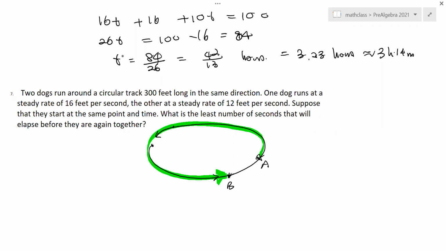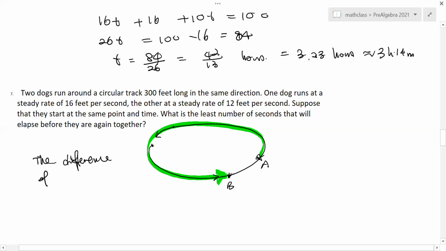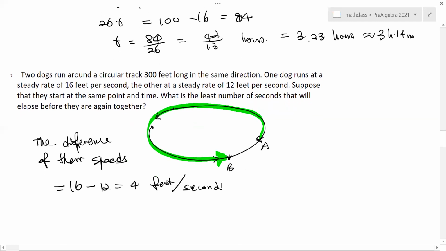So the difference of their speeds is going to be 16 minus 12, 4 feet per second.